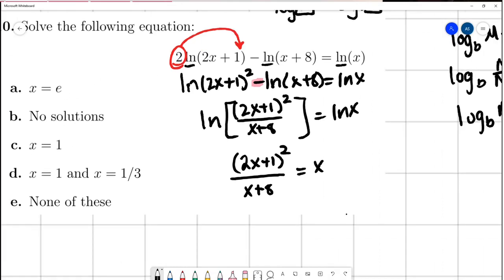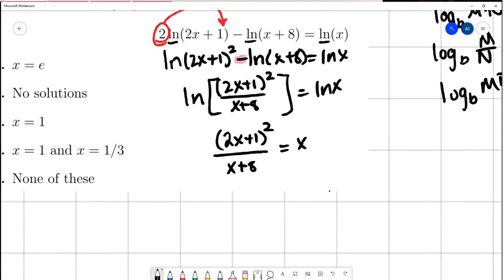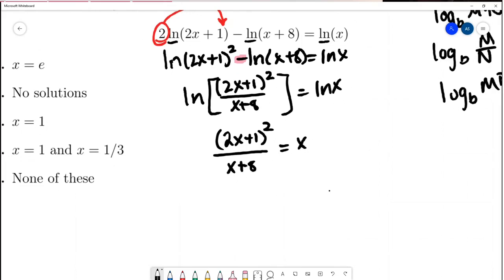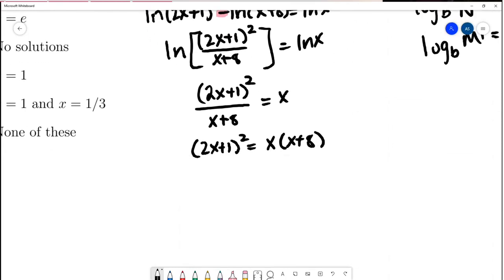So to solve this, I'm going to get rid of the fraction by multiplying both sides by the denominator. That gives (2x plus 1) squared equals x times (x plus 8). Let's do a little bit of multiplying. If I multiply out (2x plus 1) squared, I get 4x squared plus 4x plus 1.